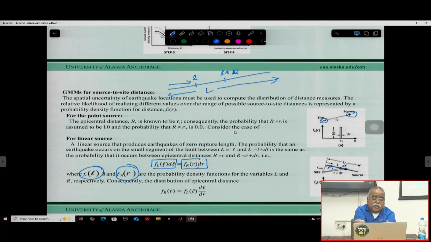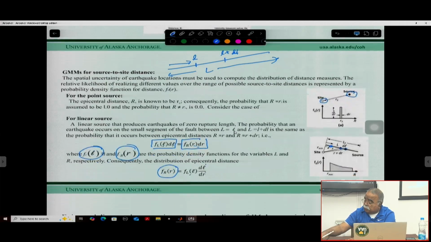So that has to be the same. So consequently, FR(r) equals FL(l) times dl/dr, right? So that's your probability I can compute.